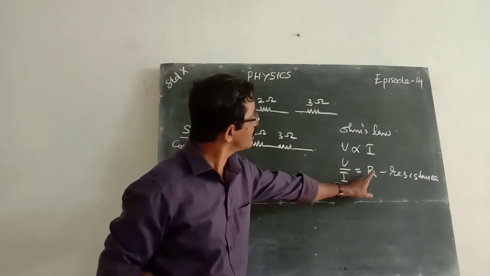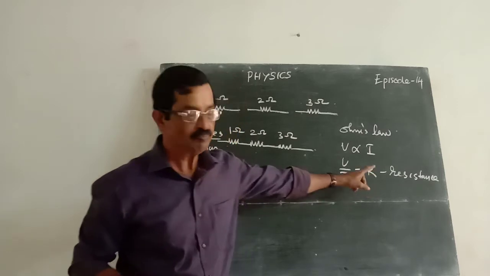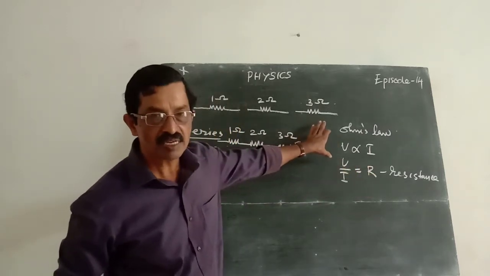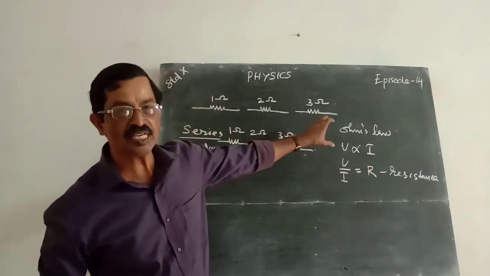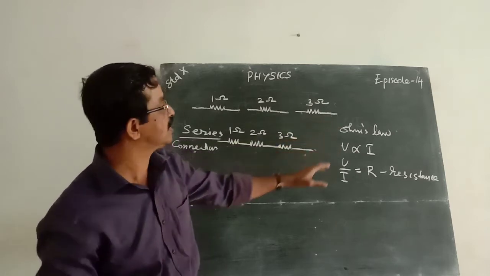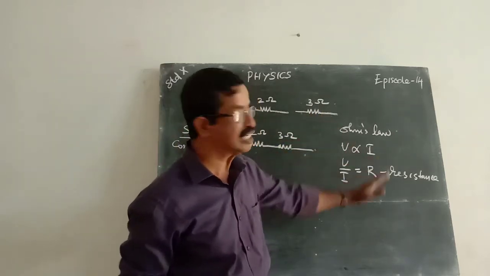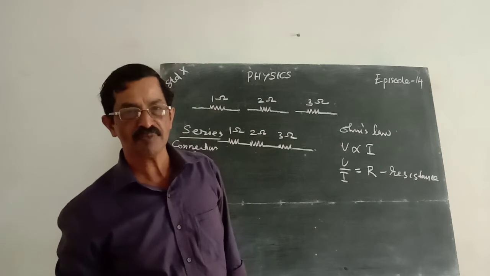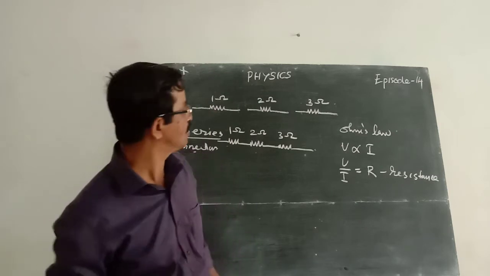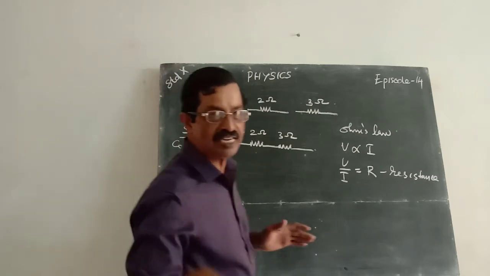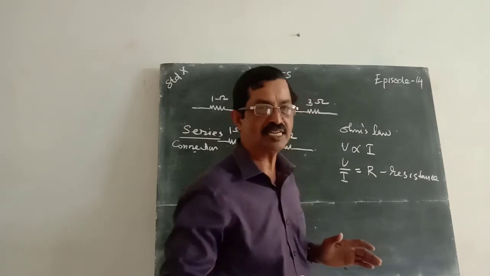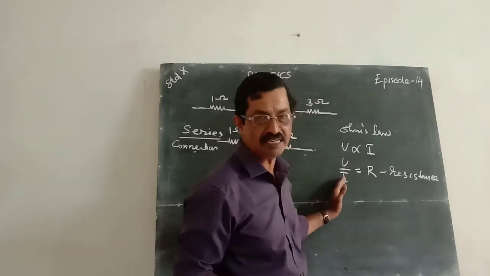Resistance. And this resistance for a conductor is the same if the temperature remains the same. And also we discussed the factors which affect the resistance of a conductor. Which are they? Try to remember. Which are the factors that affect the resistance of a conductor?